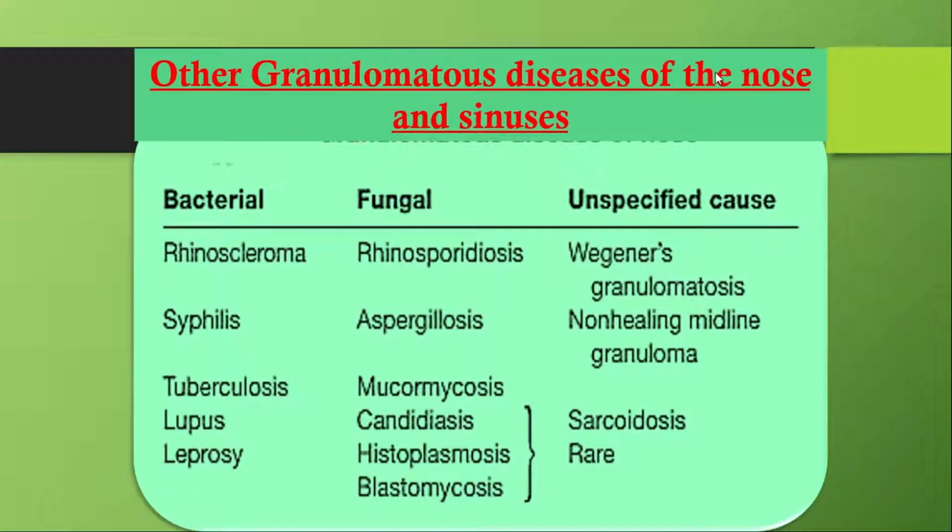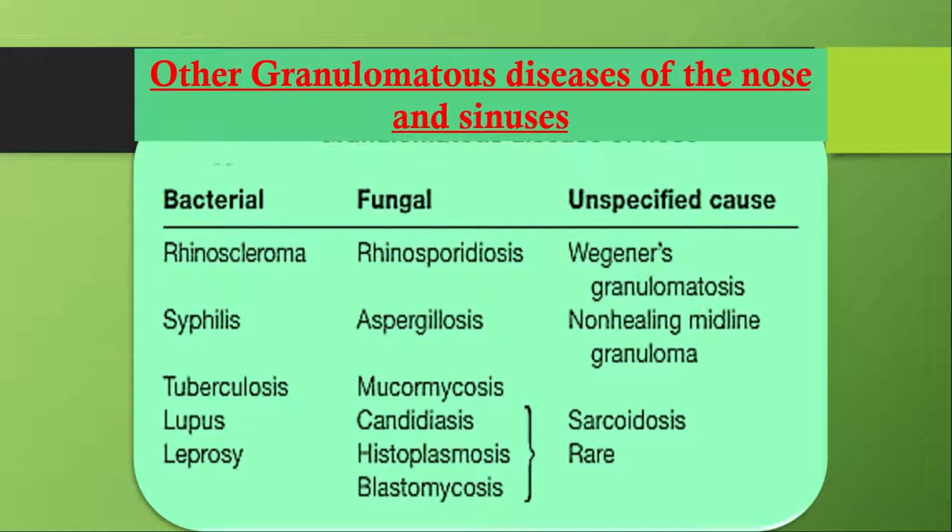Talking about other granulomatous diseases of the nose and sinuses, one talks about bacterial, fungal, and unspecified causes. Among the bacterial, one has rhinoscleroma, which we just talked about. Then we've got syphilis, tuberculosis, lupus vulgaris, and leprosy.